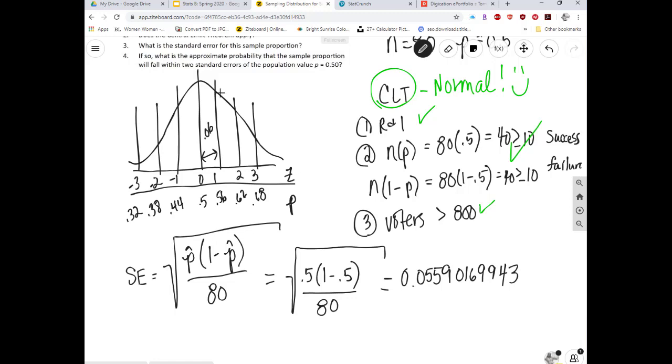Okay. Next question says, if so, what is the approximate probability that the sample proportion will fall within 2 standard errors of the population value, 0.5? Well, 2 standard errors on either direction of 0.5 is here. Let me do this in red. Is here. And here. This looks familiar.